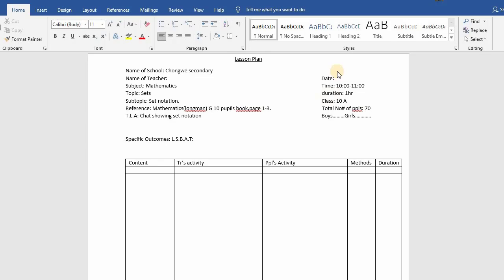So as I was saying, here the specific outcomes guide you on the content you are going to include in the lesson plan or under this diagram here.